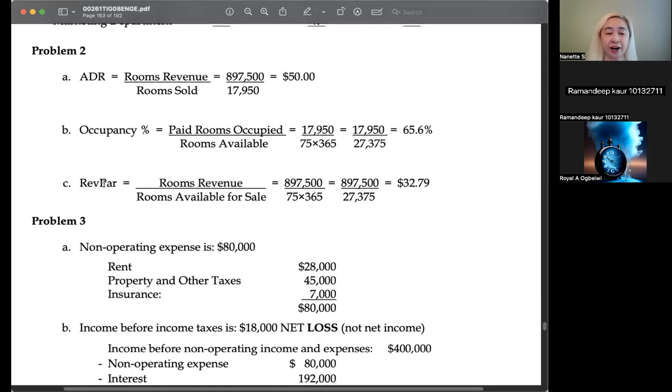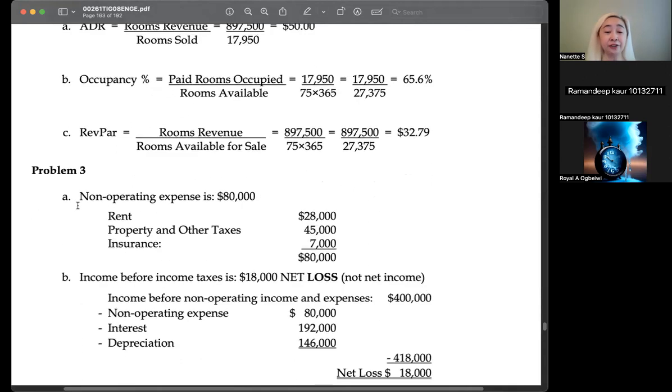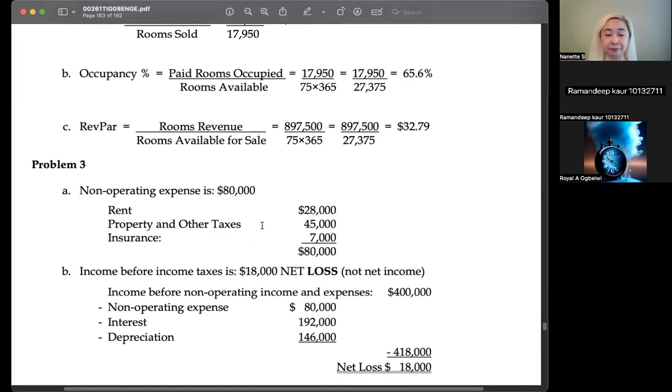With RevPAR, this is the computation formula: rooms revenue divided by rooms available for sale. And then for non-operating expense, it is already given. So you have to break it down to rent, property taxes, and insurance. It would give you a total of 80,000.